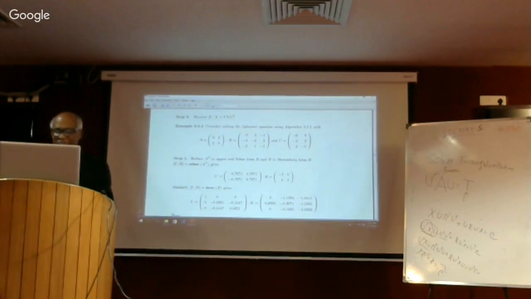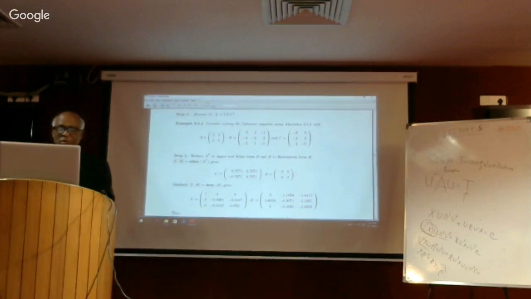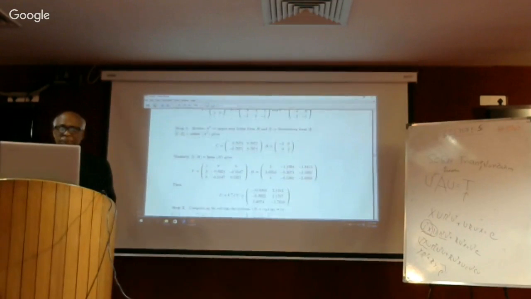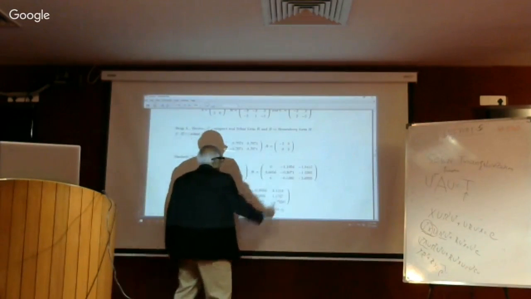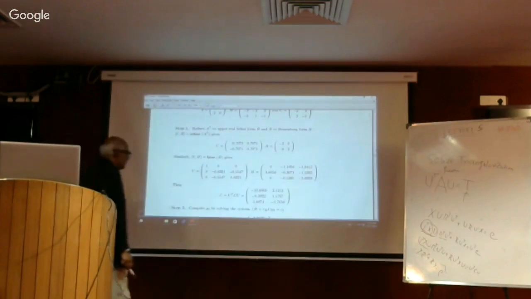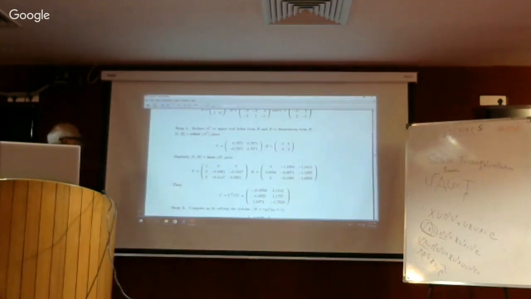Very simple. It just happens that way. And H is a Heisenberg matrix. This Heisenberg matrix is unreduced because both the subdiagonal entries are nonzero. And C hat looks like this.